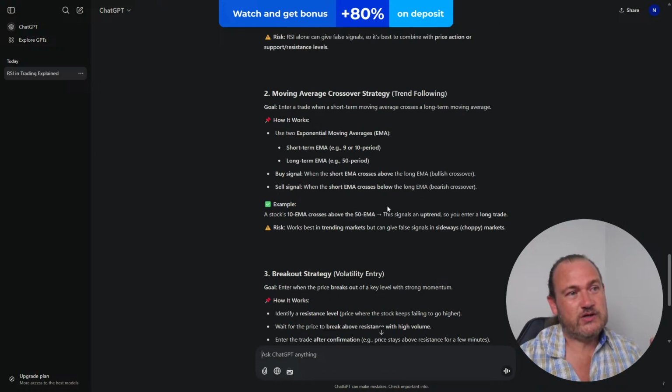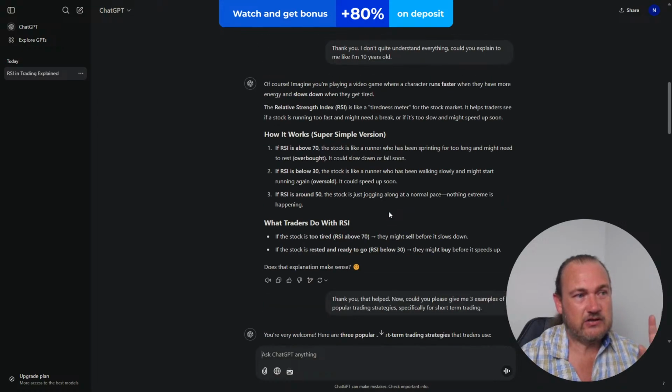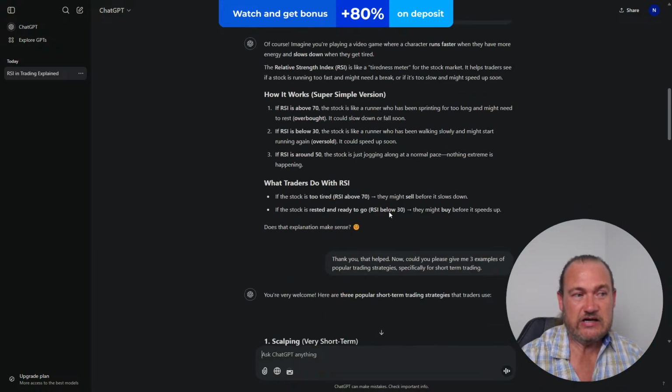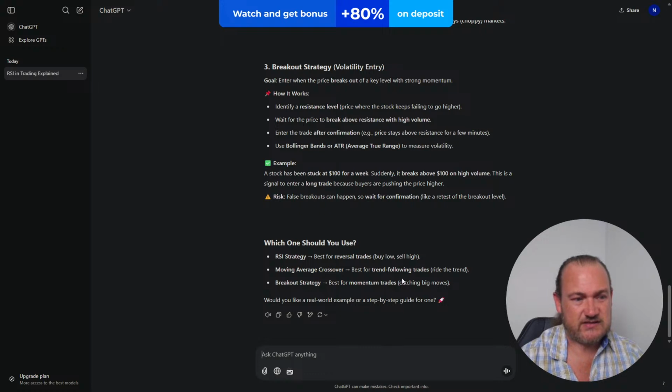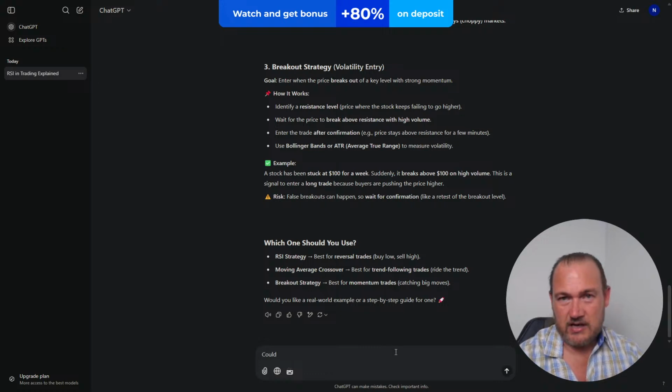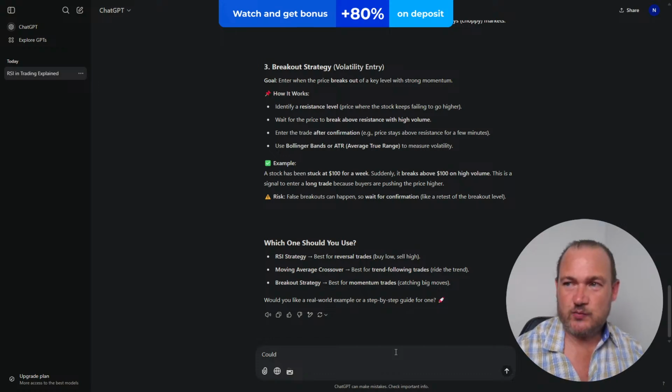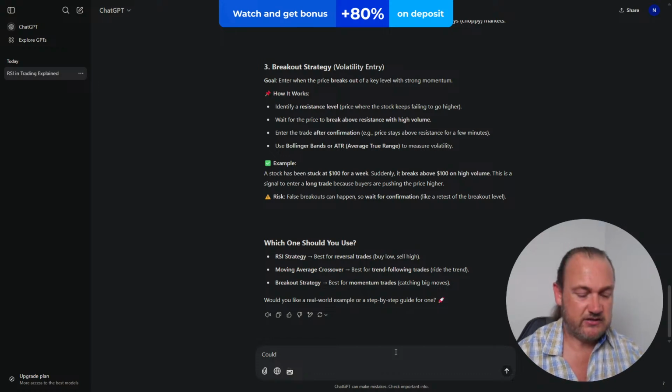Okay, so we got it to explain how an indicator works. We got it to explain strategies. Let's ask about habits. What are mistakes that we make, especially new traders?